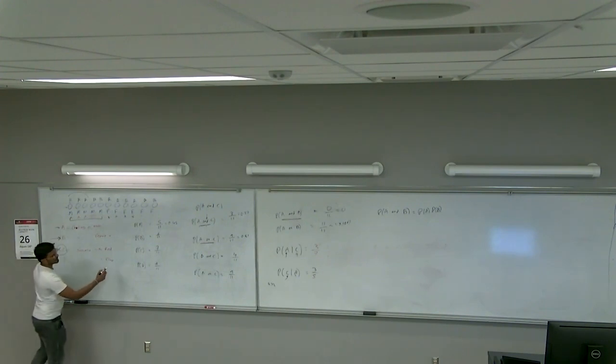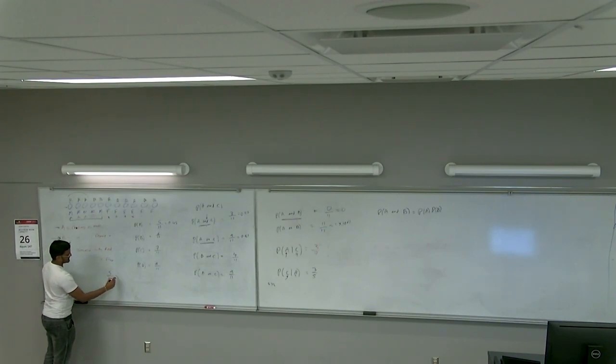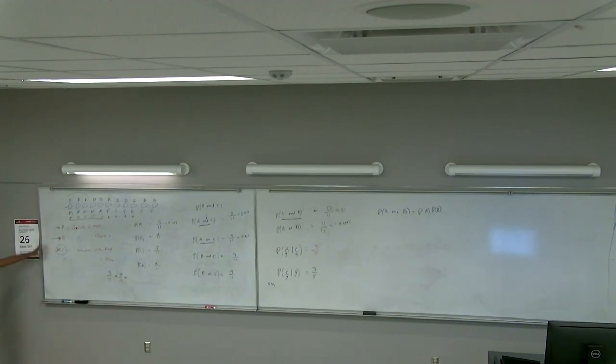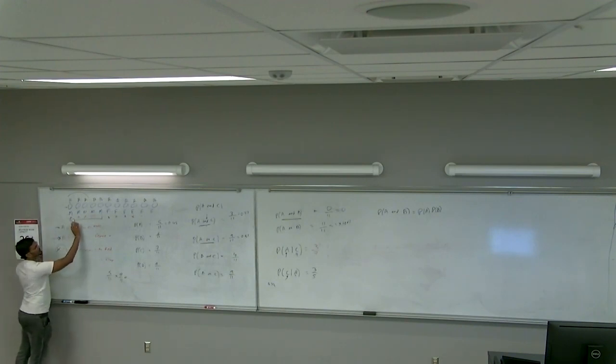It won't be true, right? 5 by 11 multiplied by 7 by 11 is not equal to that number. Okay? Now, suppose you have A, and you choose someone who is a male.